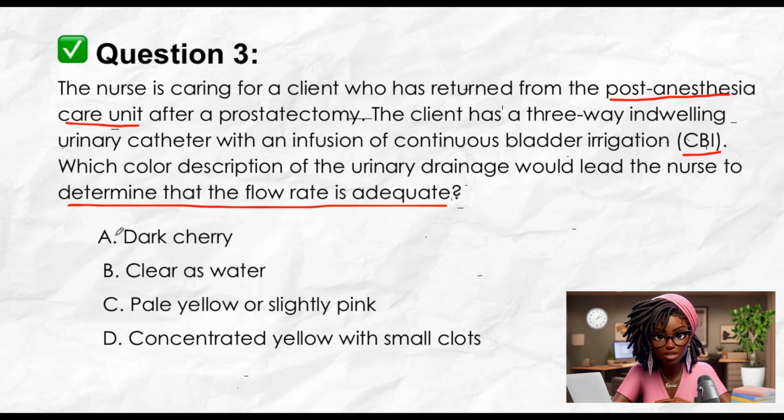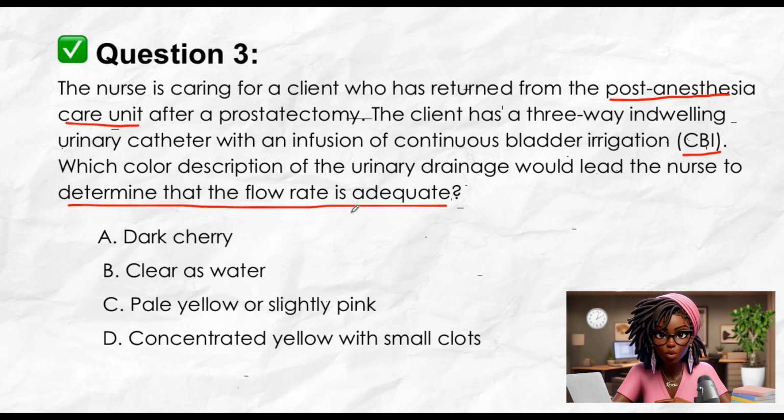So our answer choices are A, dark cherry, B, clear as water, C, pale yellow or slightly pink, D, concentrated yellow with small clots. So we're being asked really to evaluate the outcome of the CBI, right? We're not being asked to intervene.